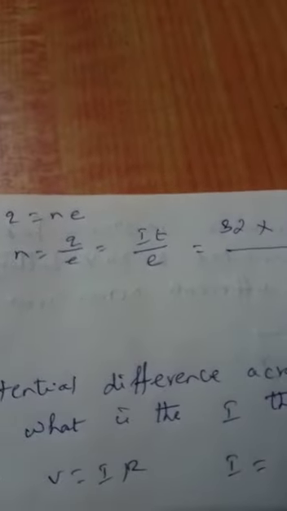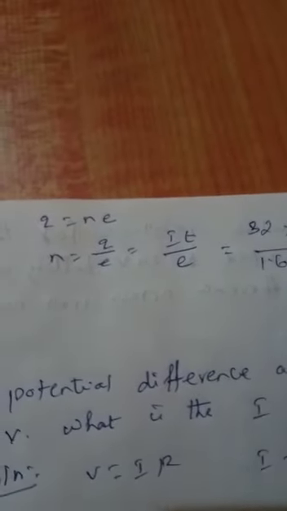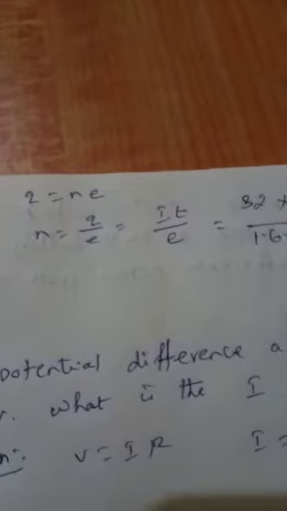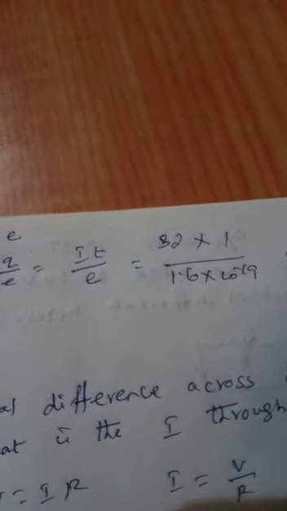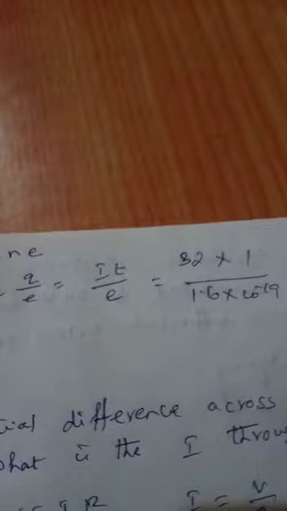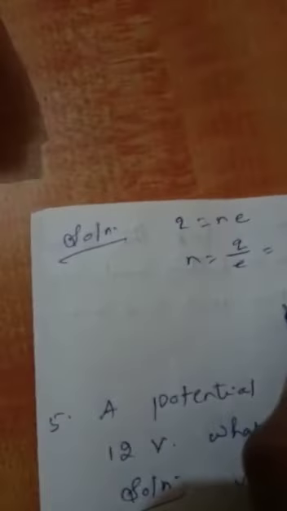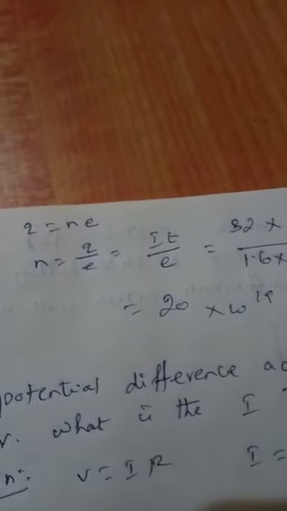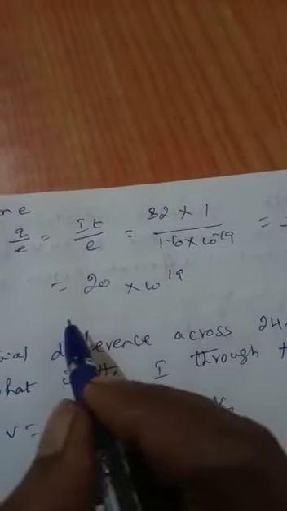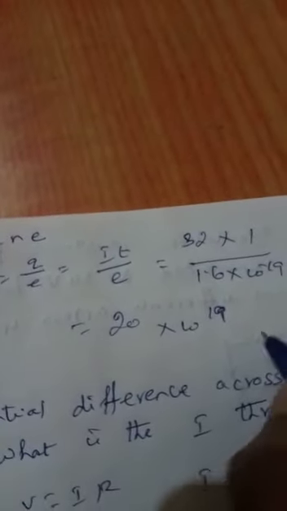If you substitute the known values, I is 32, time is 1 second, divided by e which is 1.6 into 10 power minus 19. 32 by 1.6 is 20, so we get 20 into 10 power 19 electrons.